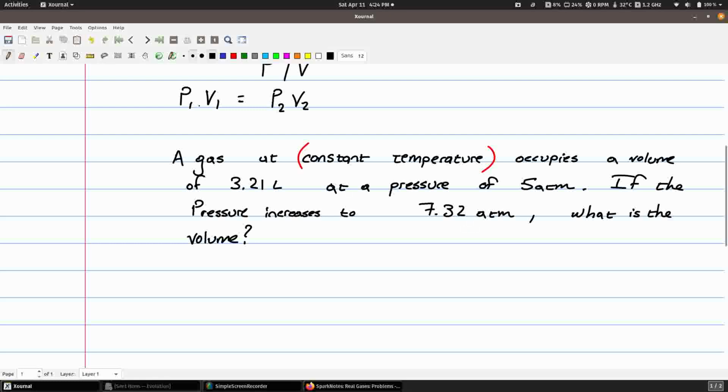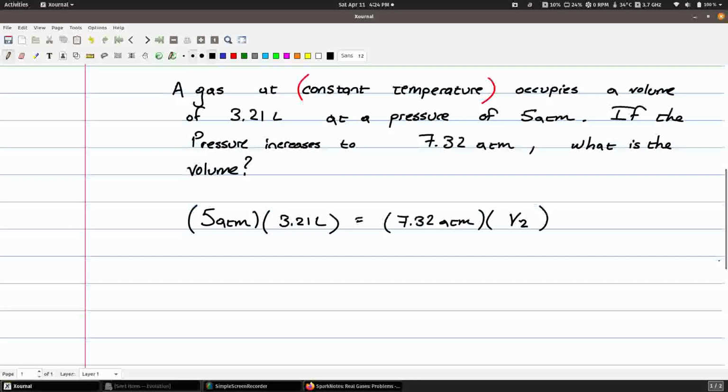We have 5 atmospheres times 3.21 liters equals 7.32 atmospheres, and then that's times volume 2. So we don't know what that is. So you divide out the atmospheres on both sides, and then we use a calculator.